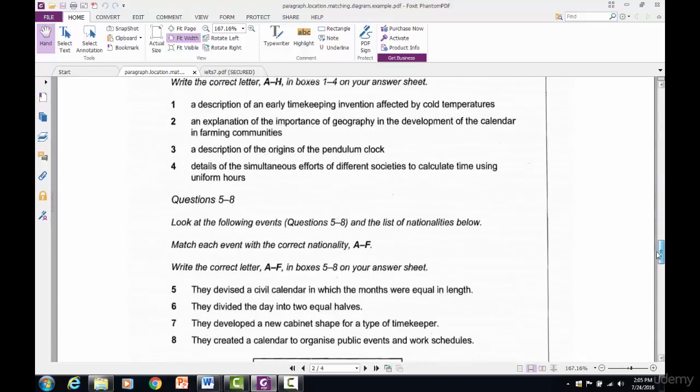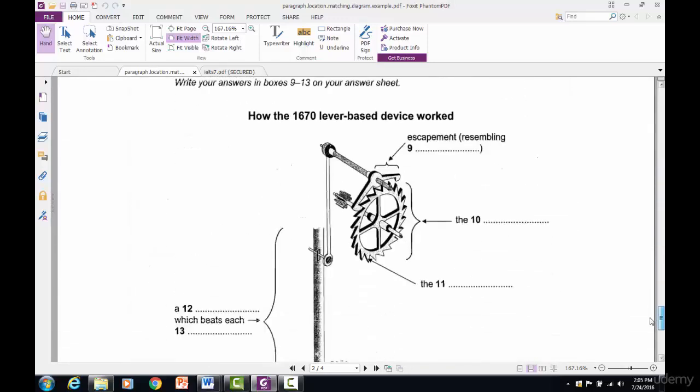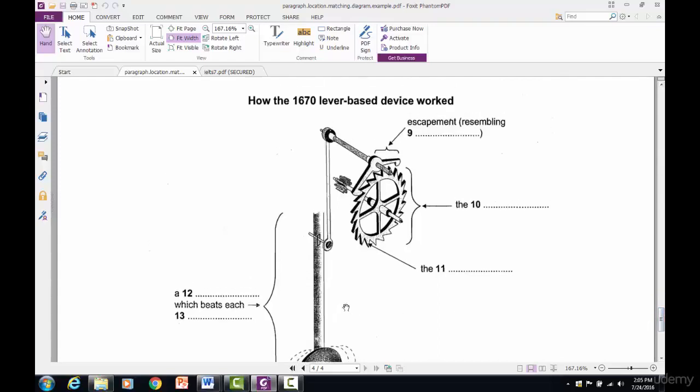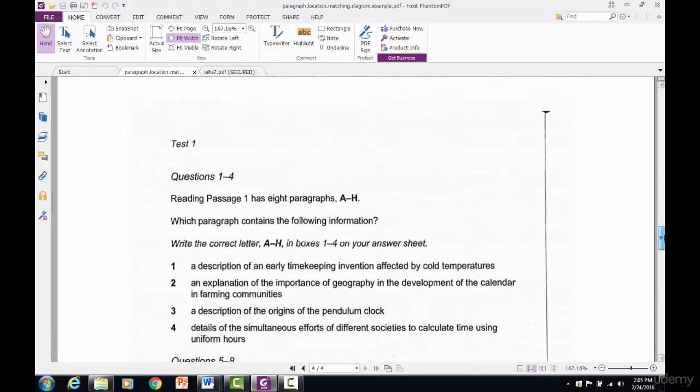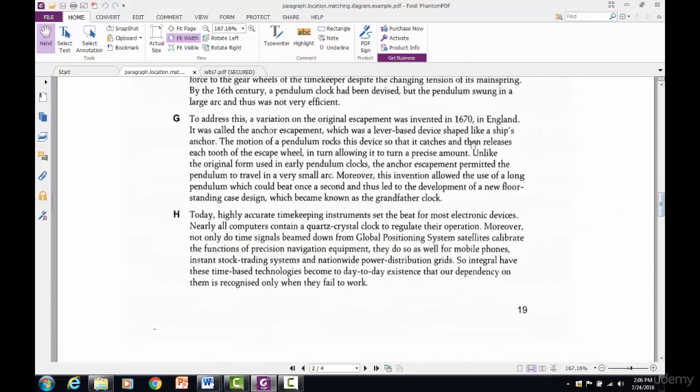All right. And then afterwards, we would go down and do the diagram question, and we know this information is in this paragraph that says it has 1670. But when we look at this paragraph that has 1670, there's nothing in here about geography or farming. I'm looking at paragraph G now.